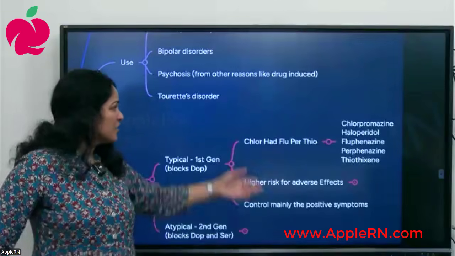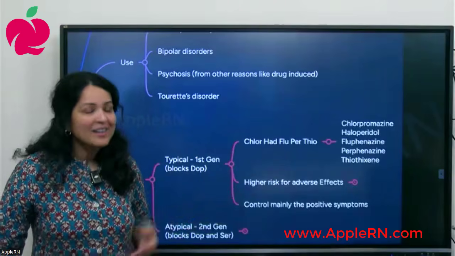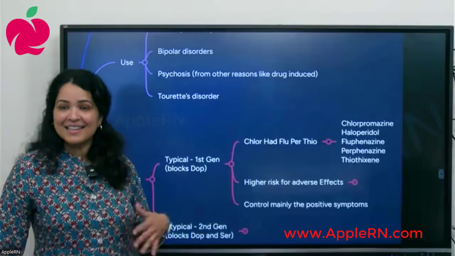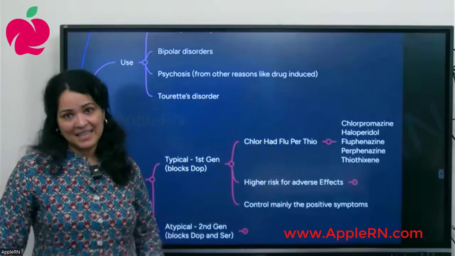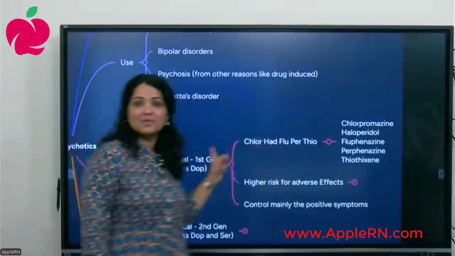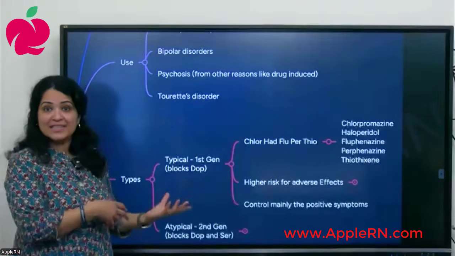Chlor is chlorpromazine, Had is haloperidol, Flu is fluphenazine, Per is perphenazine, and we have the Thio, which is thiothixene. So those are the medicines, and haloperidol comes here, right? And what else did we learn with these antipsychotics?